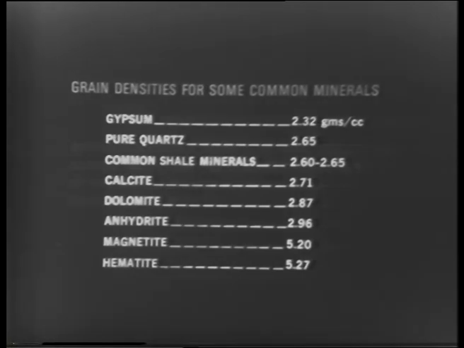And again, to recap on some grain densities of common minerals, we have here a suite: gypsum 2.32, quartz 2.65, shale 2.6 to 2.65, calcite 2.71, and so on, dolomite and anhydrite, magnetite, down to hematite with 5.27.